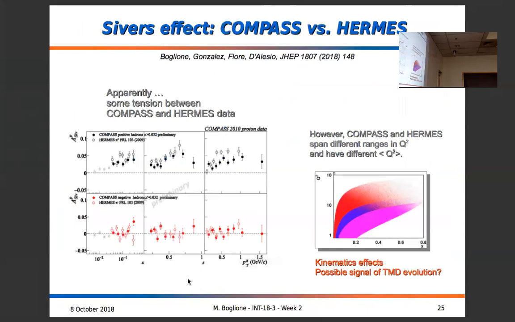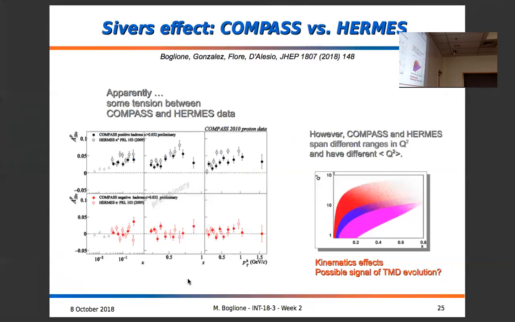before starting, we observed the data, and we already knew that there were some problems. One of the problems is that when you try to fit different experiments, you first of all have to see whether the data are fully consistent or whether there's some tension. And in this case, it's been known for quite a while that there is some tension for the Sivers effect when you compare COMPASS and HERMES results.